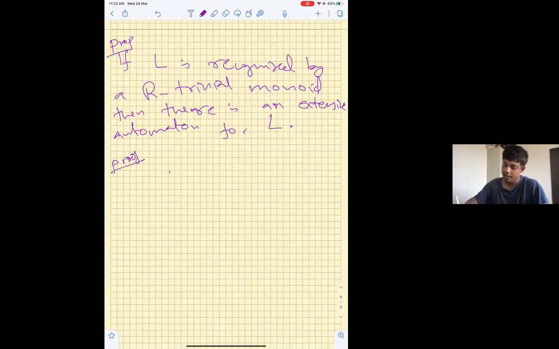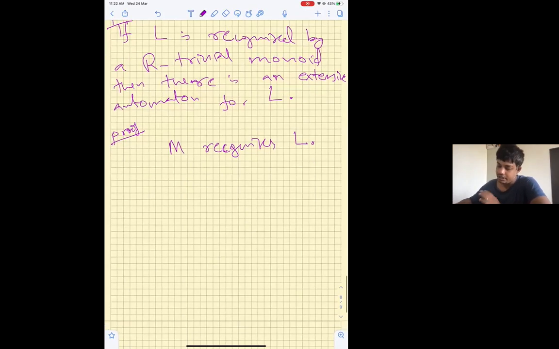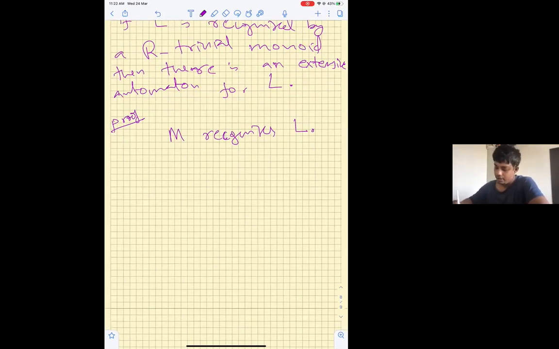So I have a monoid M that recognizes L. So actually I can construct an automaton which recognizes L. What is that automaton?